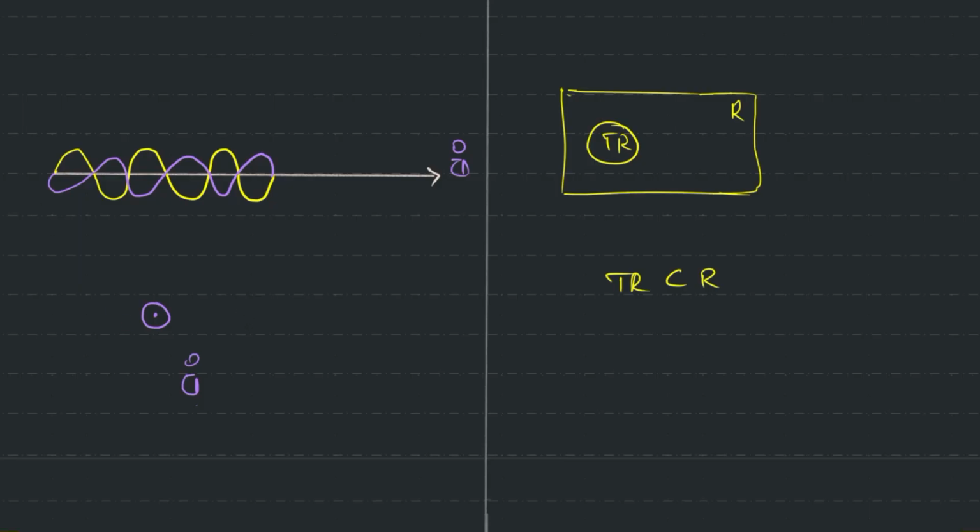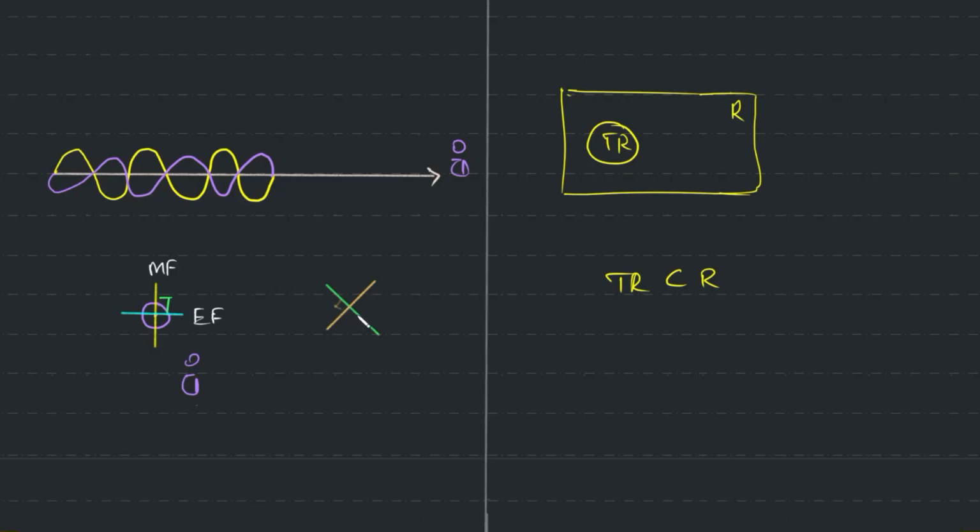Anyways, your electric and magnetic fields will be in this manner, and the other one in this manner. Say this is the magnetic field, and this will be your electric field. Basically they make an angle of 90 degrees. Of course it can be in this manner as well, and the other one in this manner.